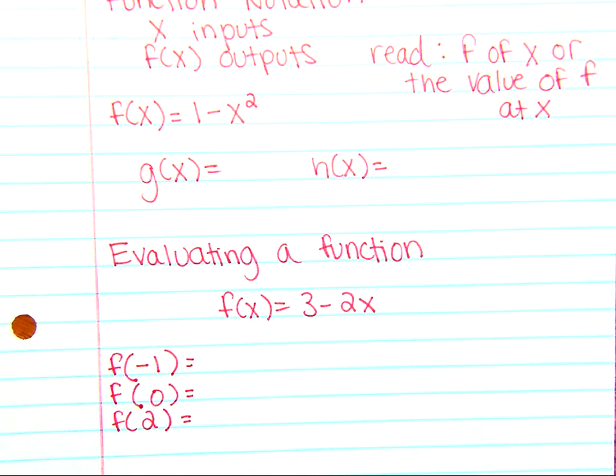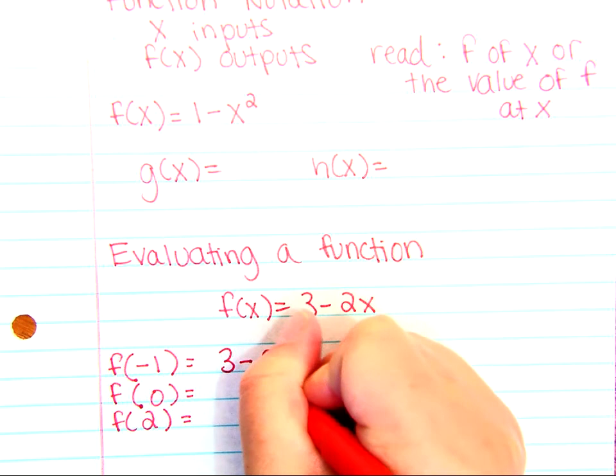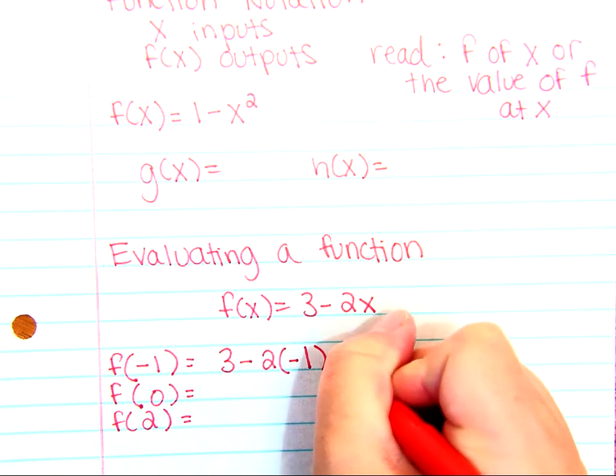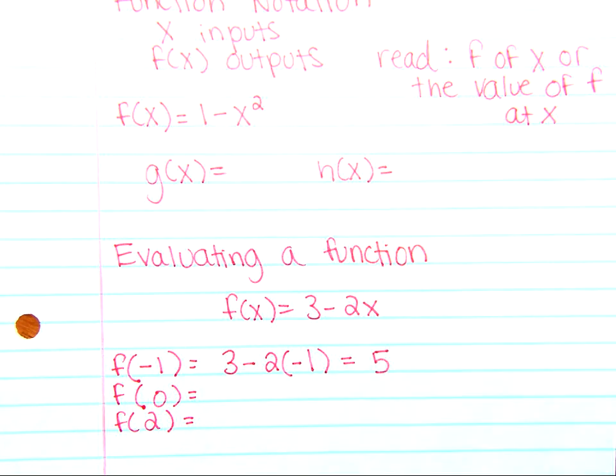We're just substituting our x value into our function and evaluating. So this would be 3 minus 2 times negative 1, which is 5. Now would be a good time to pause and do the other two.